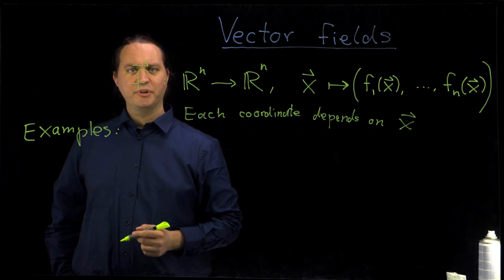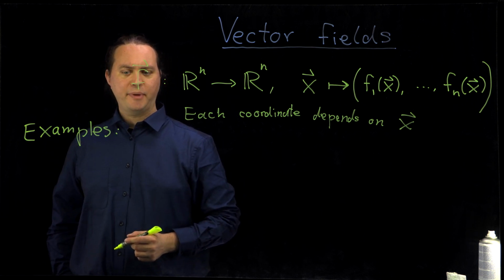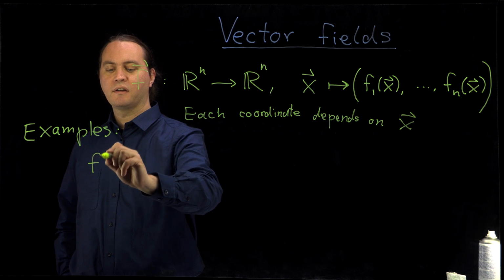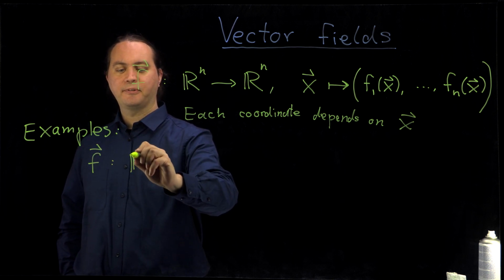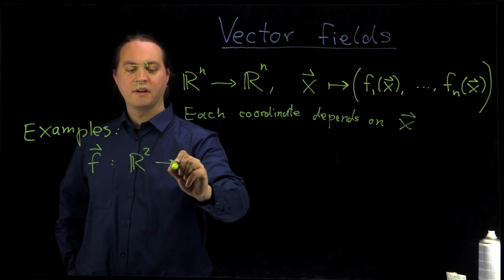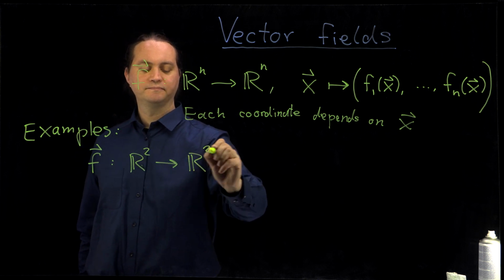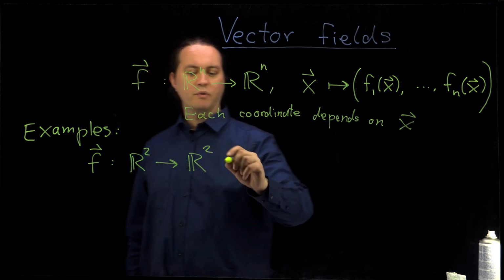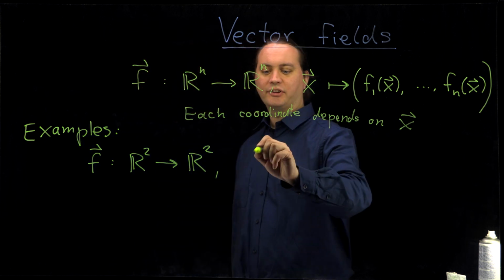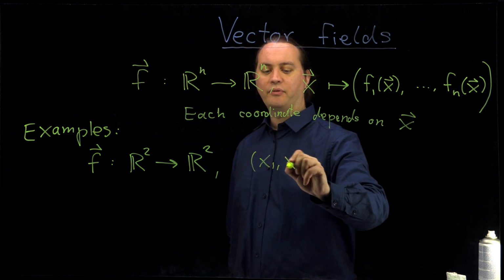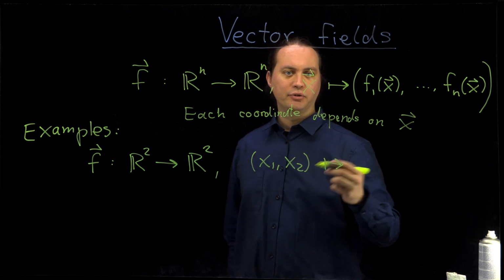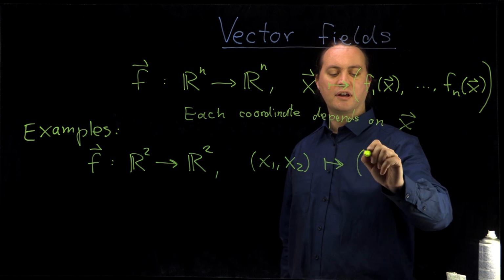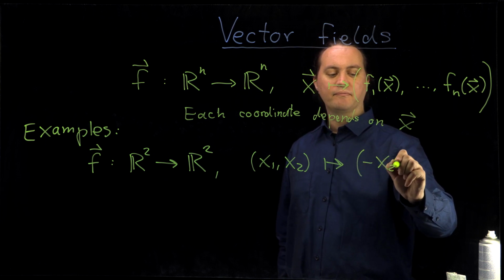The first example will be a vector field in two-dimensional space. We have a vector field F going from R^2 into R^2. And what it does is it takes a vector with coordinates x1 and x2, and these are mapped to negative x2, x1.